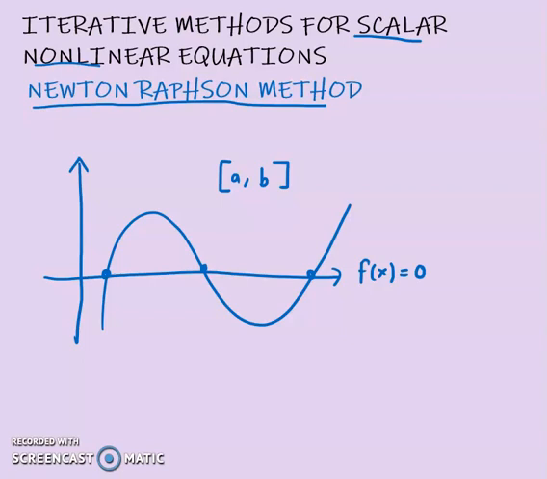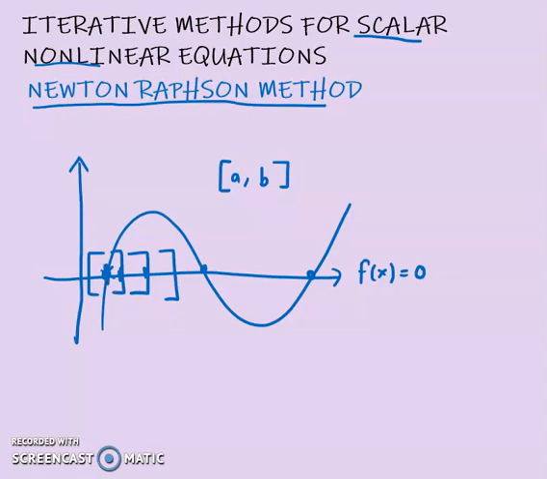If your interval is here, it will use a bracketing approach, evaluating the function and determining whether the root is here or not. With the bracket you find this value, and then you keep going until you find the root here.